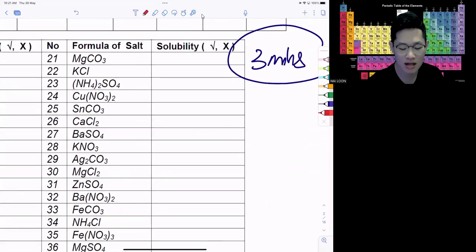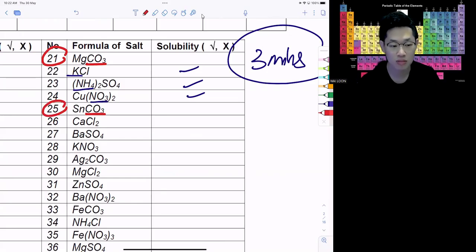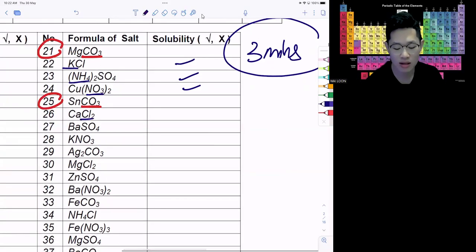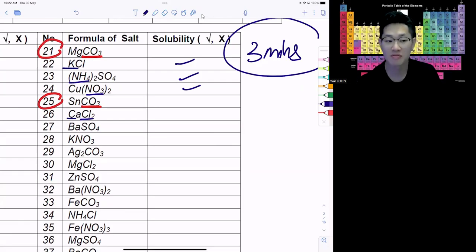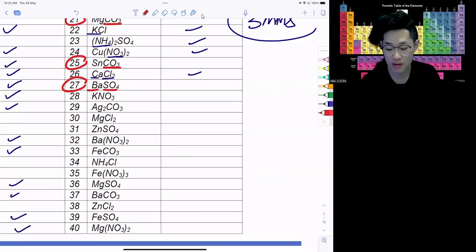I see carbonate without SPA, so it's insoluble. I see potassium soluble, ammonium soluble, nitrate soluble. I see carbonate without SPA, insoluble. I see chloride not pairing with the Hindu association, soluble. I see sulfate pairing with the Chinese language association, insoluble.